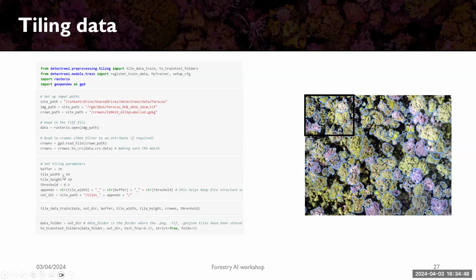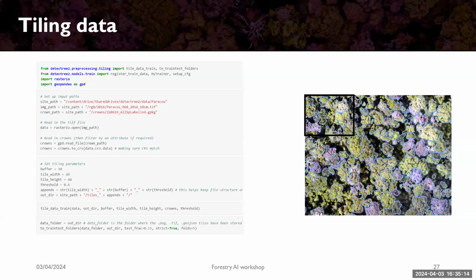Typically we like to have a buffer so that we're capturing trees on the edge of tiles, and within that you set a tile width and a tile height. Because most of the time we're working with closed canopy systems, we set a threshold to make sure we're not accepting tiles that are very sparse.